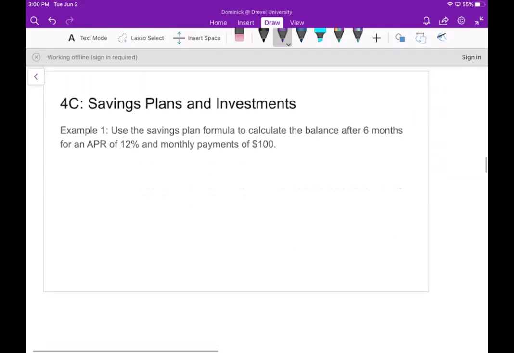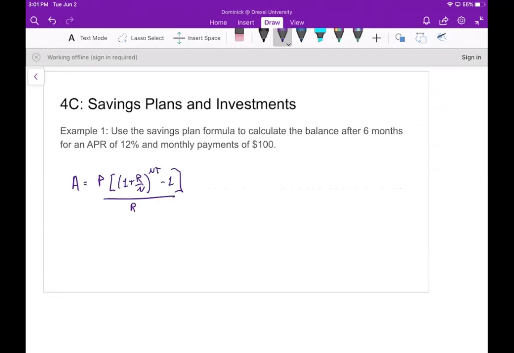First we'll use the savings plan formula to calculate the balance after 6 months for an APR of 12% and monthly payments of $100, right? Again, the formula we're using is A is equal to P times (1 plus R over N) to the NT minus 1, all over R over N. The balance after 6 months is interesting because T is the number of years, so 6 months is actually 1/2.